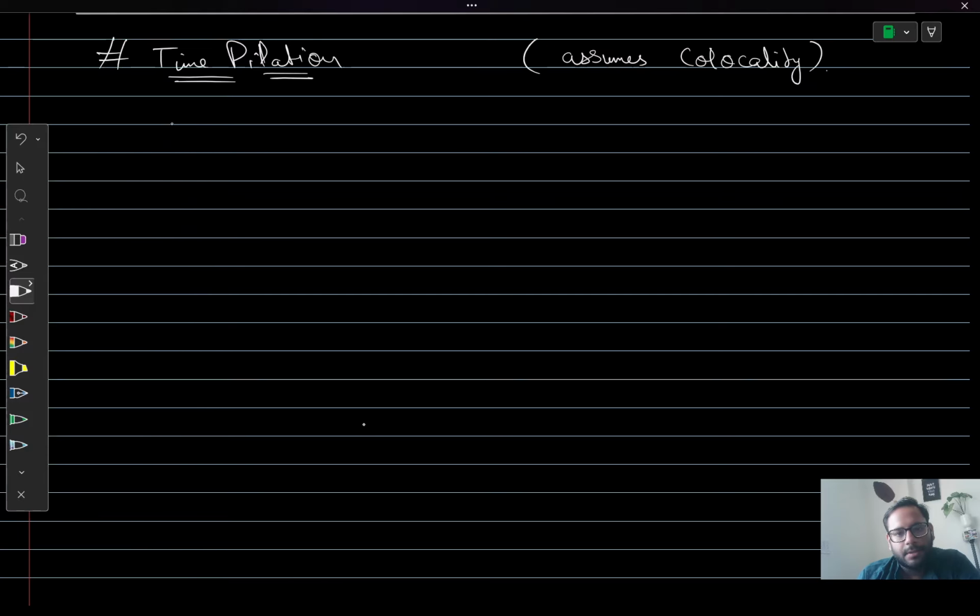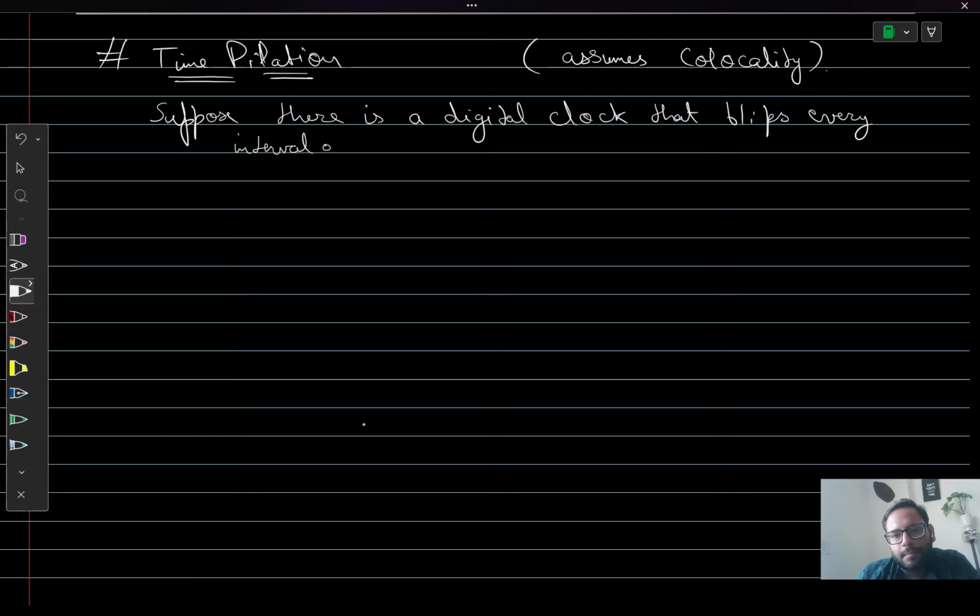Let's see how. Suppose there is a digital clock, a kind of digital clock that blips every interval of time, that is delta t prime, in a moving frame.